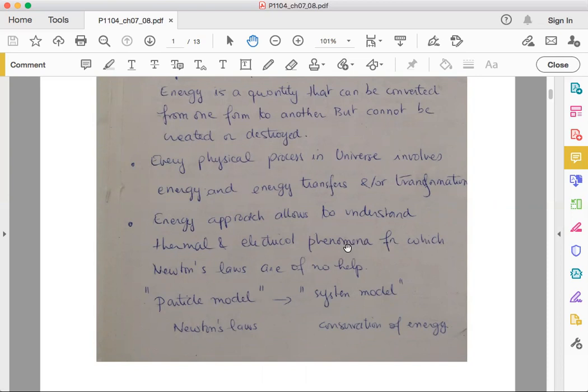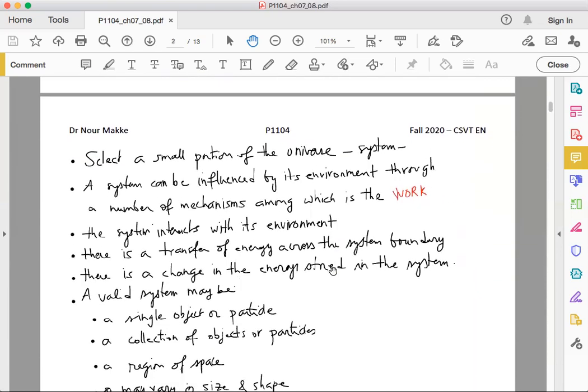It could be kinetic, potential, electrical, thermal, etc. So this helps describe phenomena like when the system has an electrical interaction with the environment, or a thermal energy exchange with the environment. So this is it for this part.